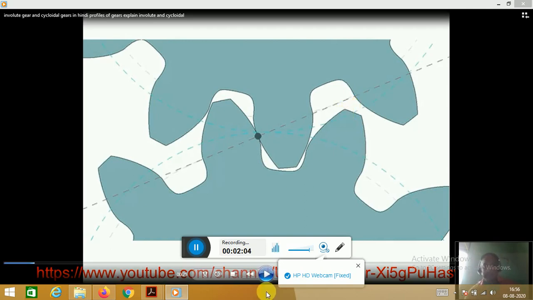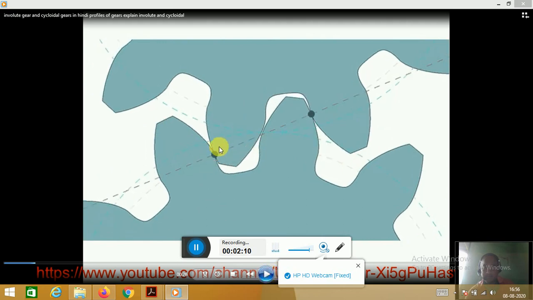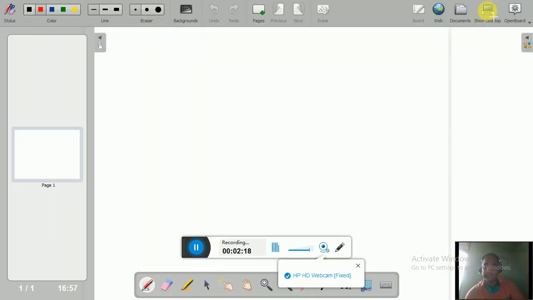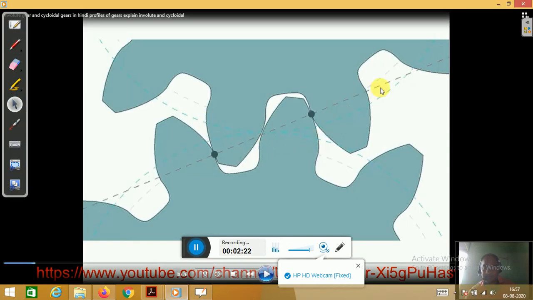Then another very important term that you have to learn here is the distance between the starting point of contact and the pitch point. Which is the pitch point? Now you have to understand what the pitch point is. In this video, you can observe two blue colored circles. Those two circles are called pitch circles.